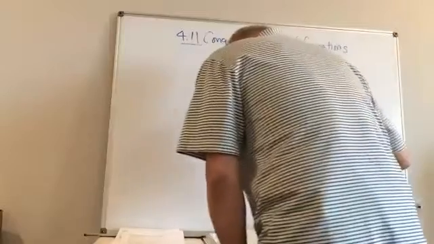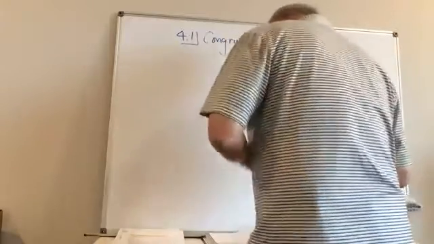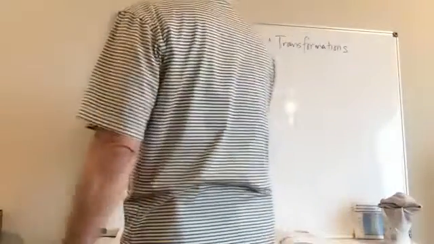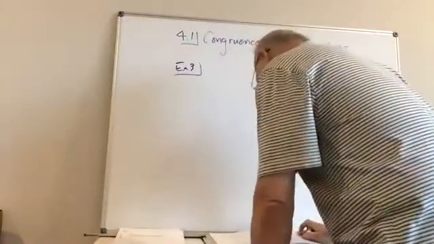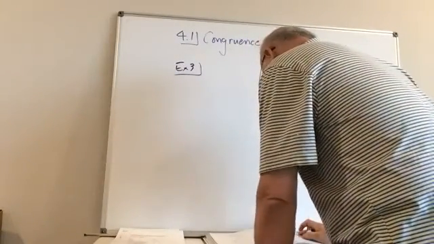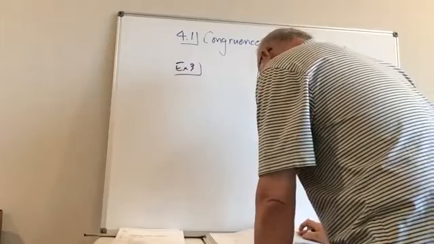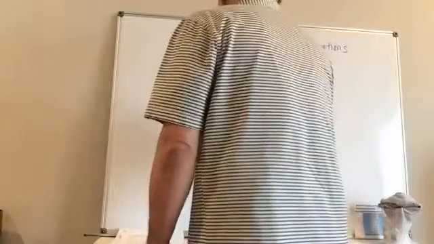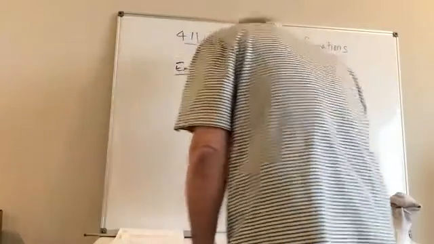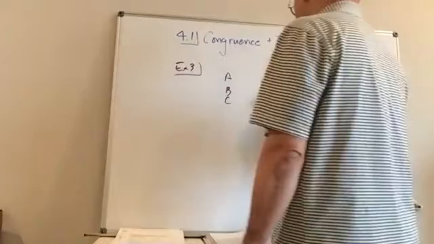So let's go ahead and move on to example number 3. What do we have? We have: prove that the polygons with the given vertices are congruent. Okay, same thing. All you're going to do is plot them out. So I have A, B, C. I have P, Q, R again.